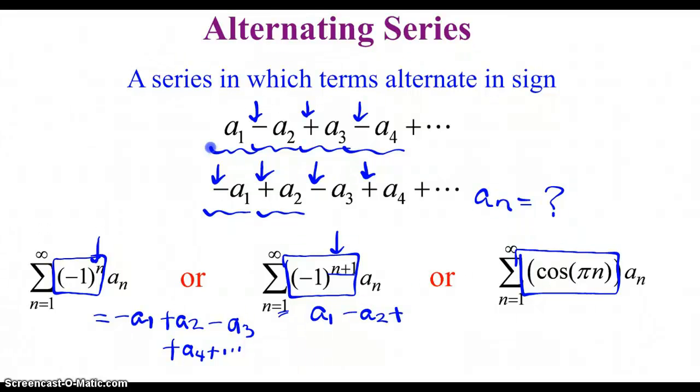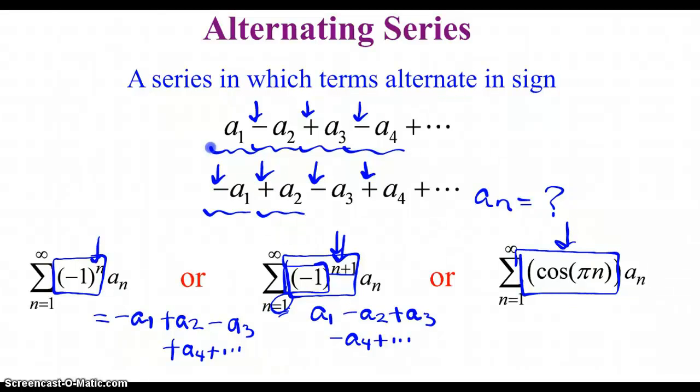And you can see that this one is going to alternate in the opposite way. So depending on where we start, and depending on what's happening to your alternating term, your first term could be positive or negative.